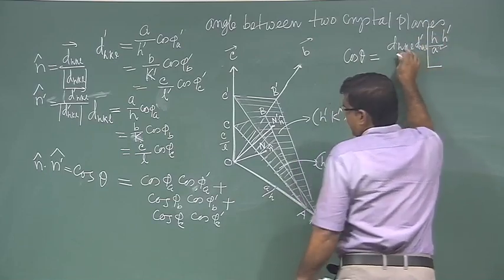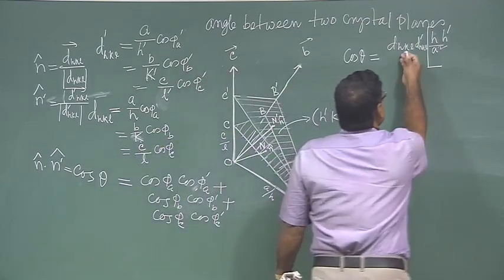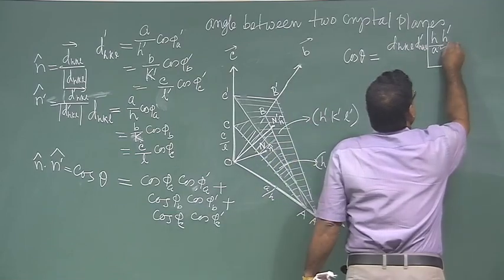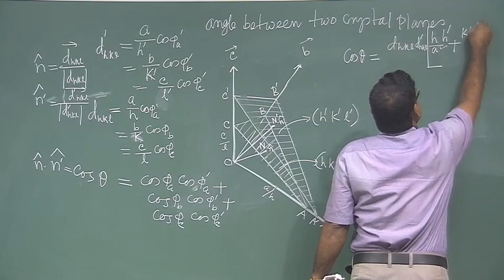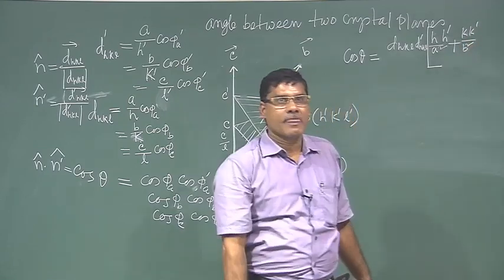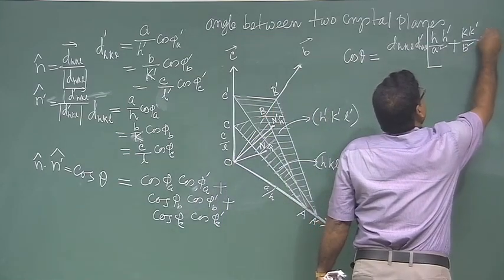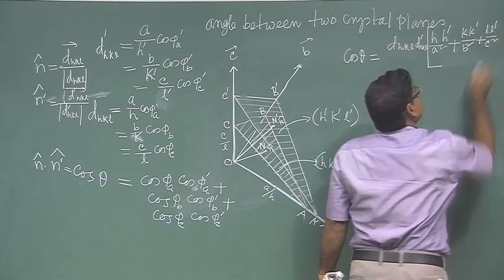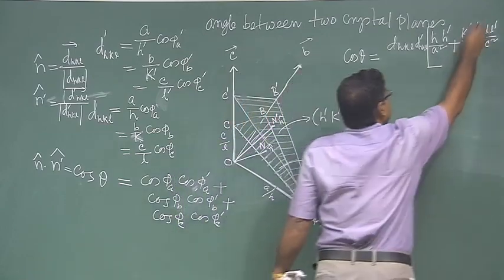So, these two will come in each term. If we take them common, similarly the other terms are k dash by b square plus L dash by c square, right.